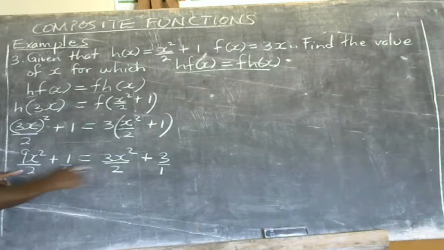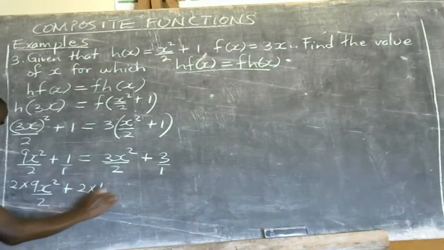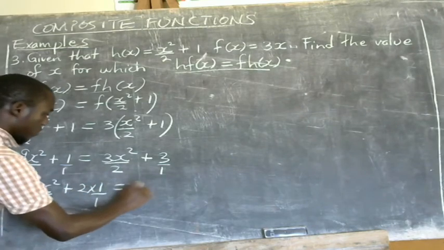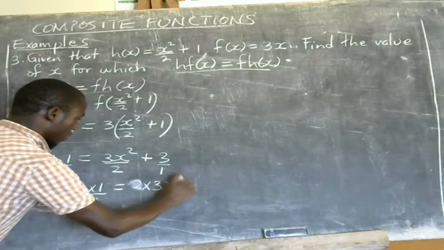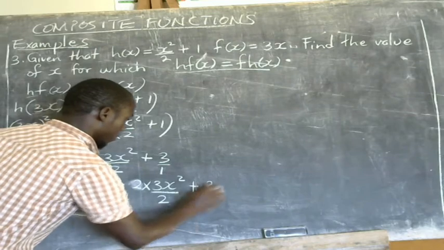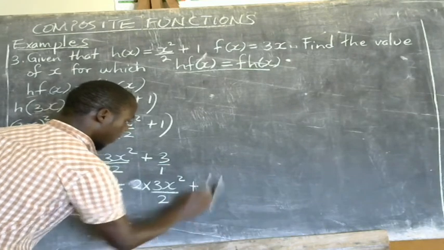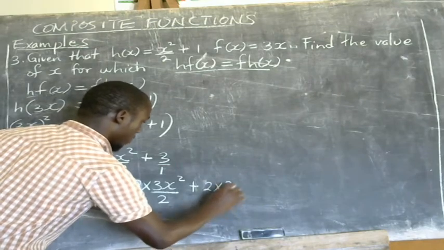So the LCM here of 2 and 1 is 2. So I'm going to get 2 times 9x squared divided by 2, then plus 2 times 1 divided by 1, is equal to 2 times 3x squared divided by 2, then plus 2 times 3 divided by 1.